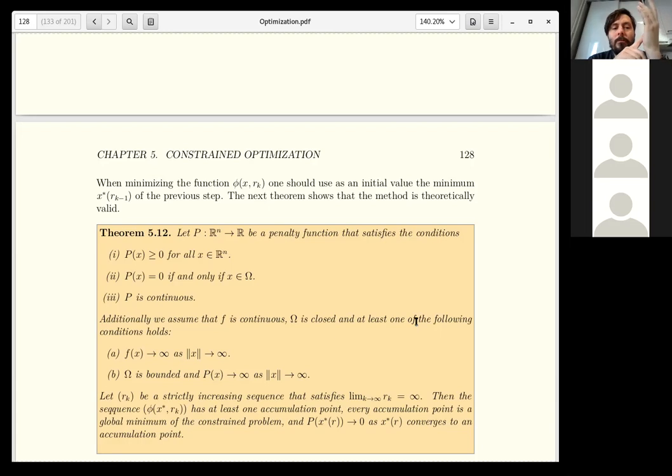Then if we keep increasing the penalty on this penalty method, then this sequence of points converges to an accumulation point, which is a global minimum of the constraint problem. An accumulation point meaning that it's an accumulation point of this sequence of points.